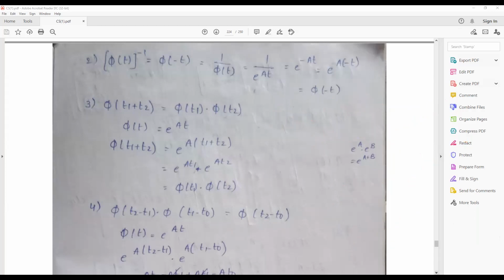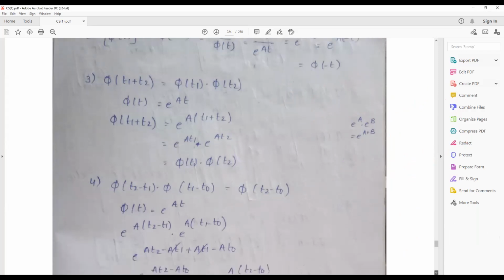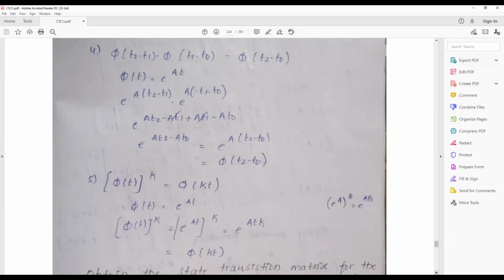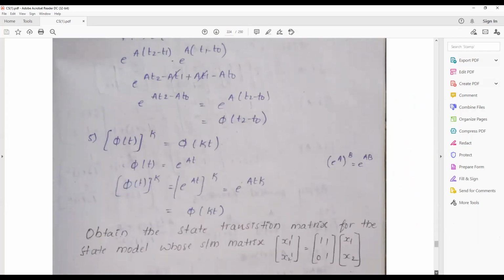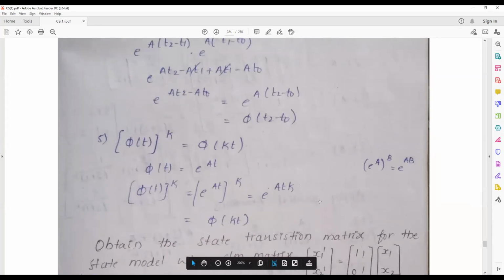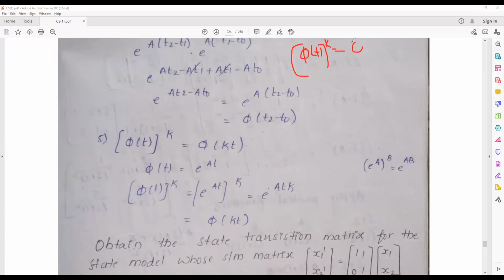Next, the last property, phi of t whole power k is equal to phi of kt.